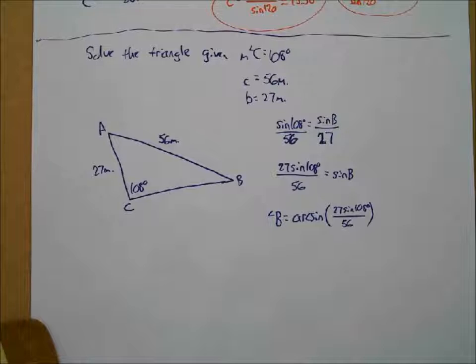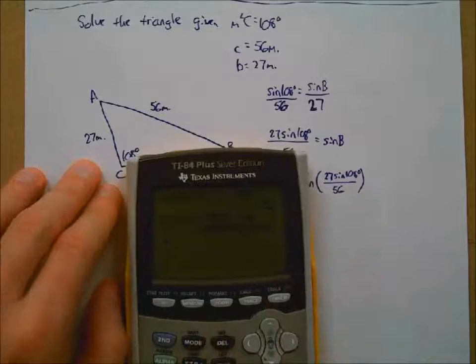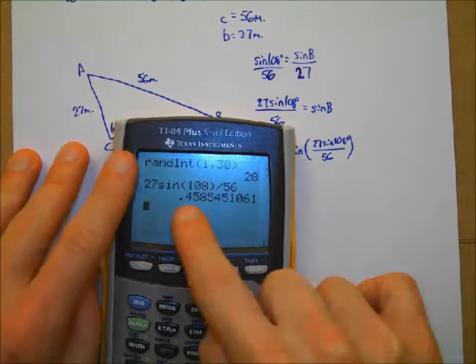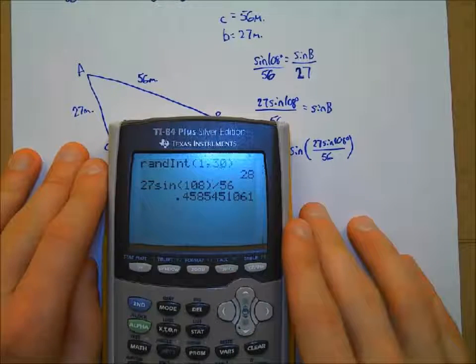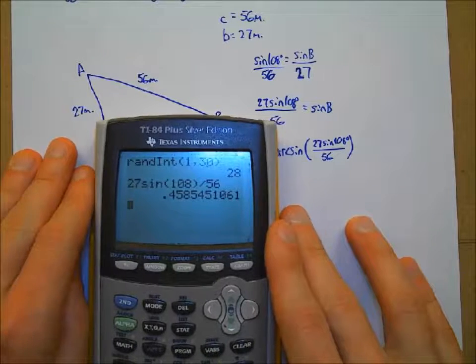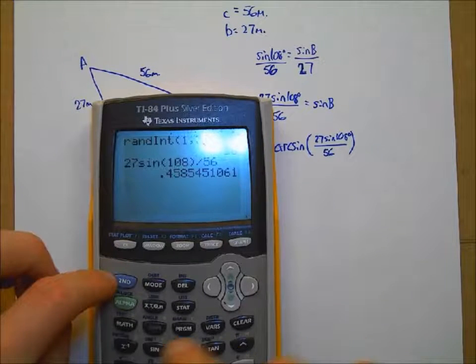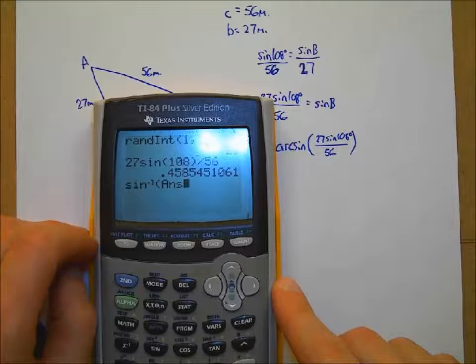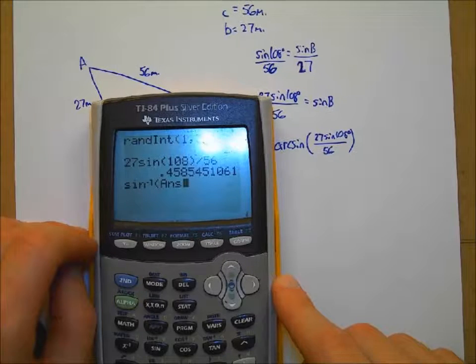So 27 sine of 108 divided by 56. Okay, we get this ratio right there. I'm going to do arc sine, so second sine of that answer. The answer command is second negative button, by the way.